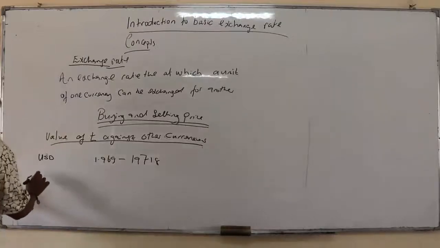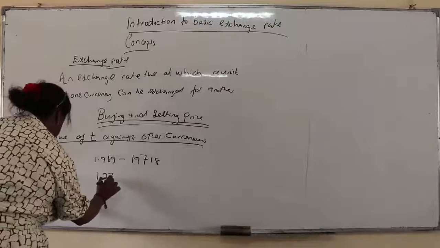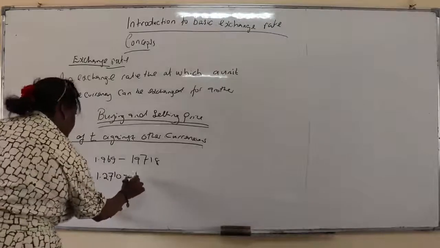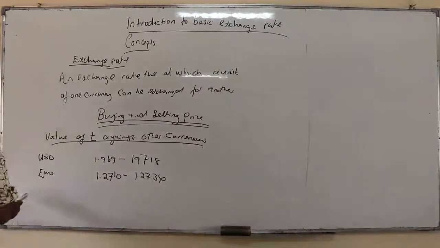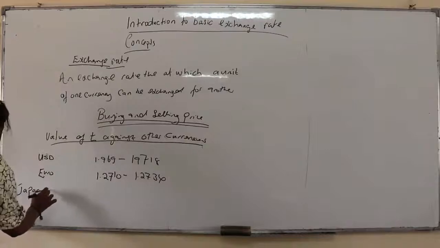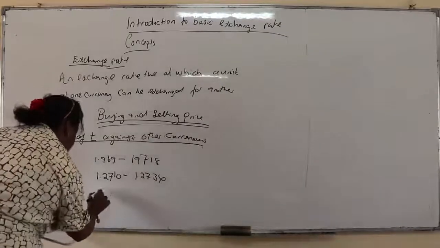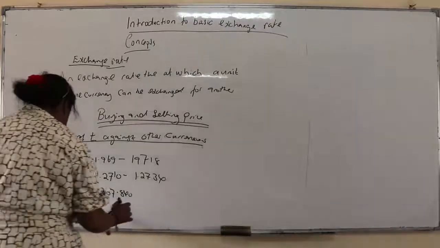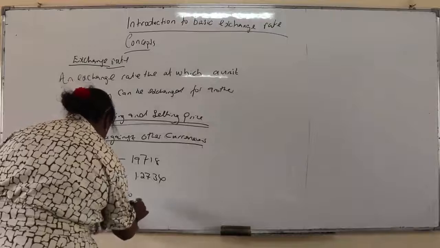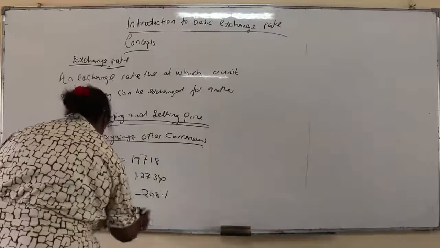Then we have the euro, 1.2710 and 1.2734. Then we have the Japanese yen, which is 207.840 and 208.1.